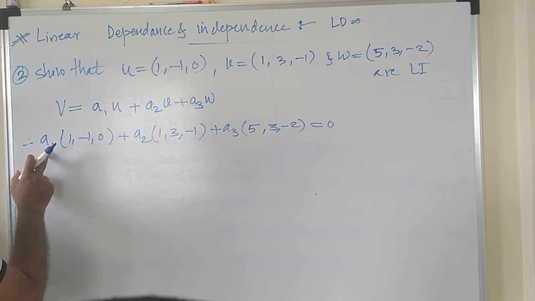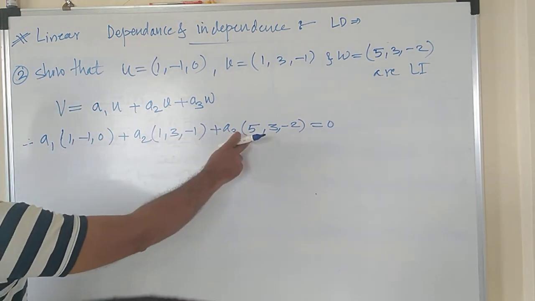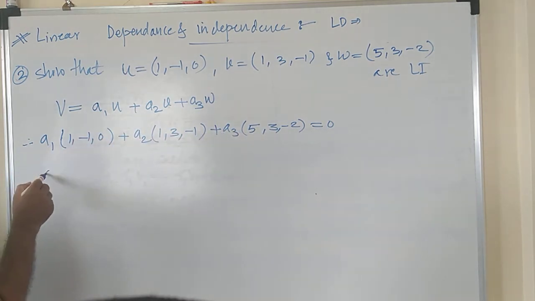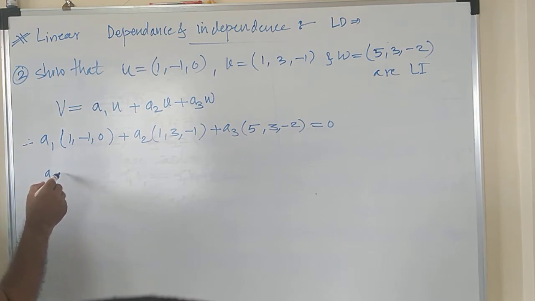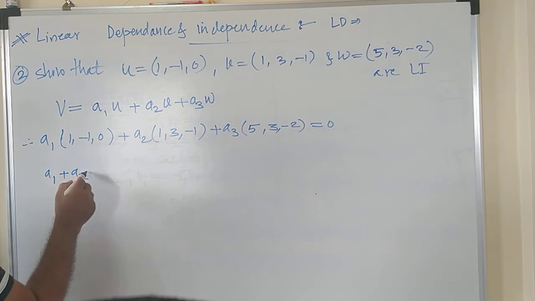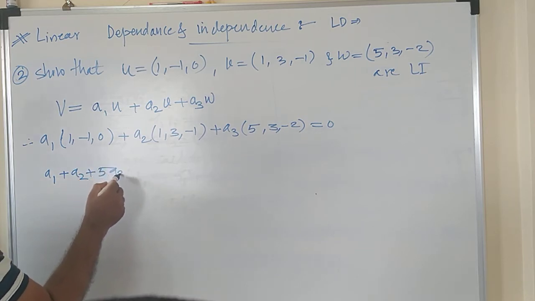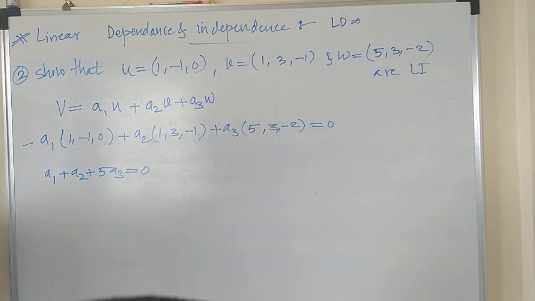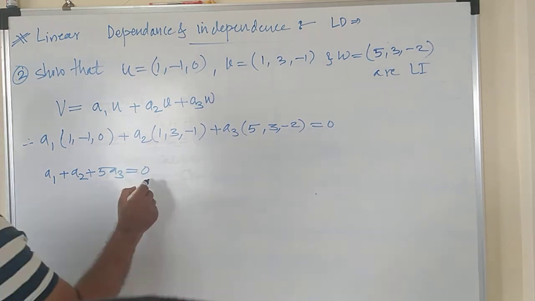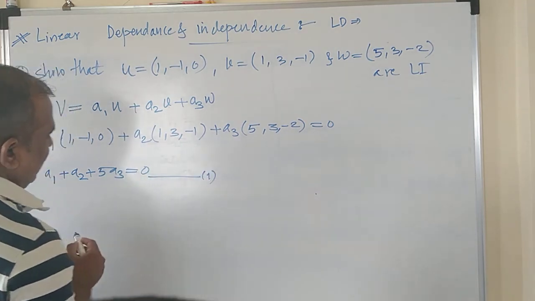So this is a1 plus a2 plus 5a3 equals 0, isn't it? So I got the first equation. So let us say this is our equation number 1.